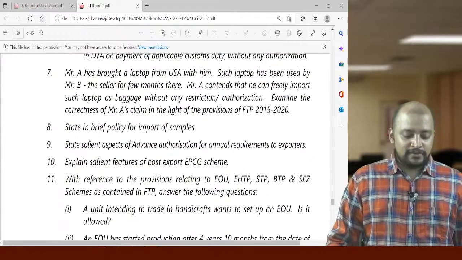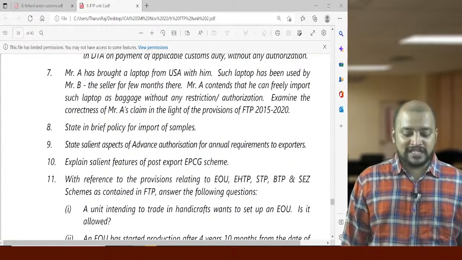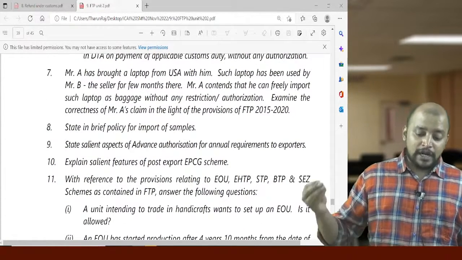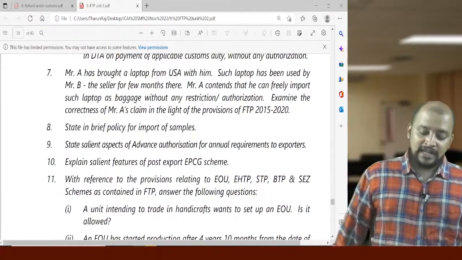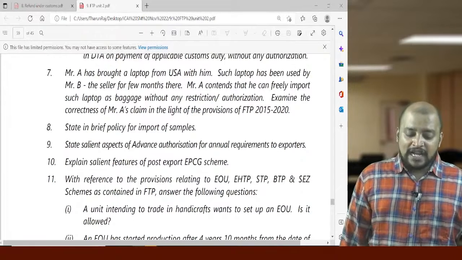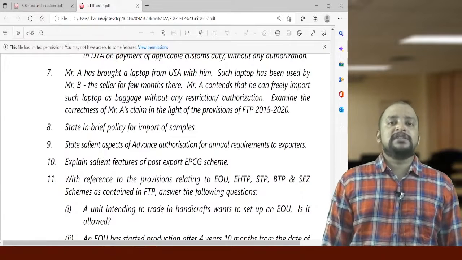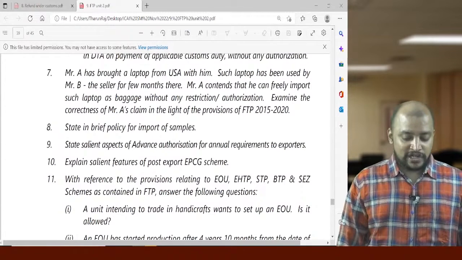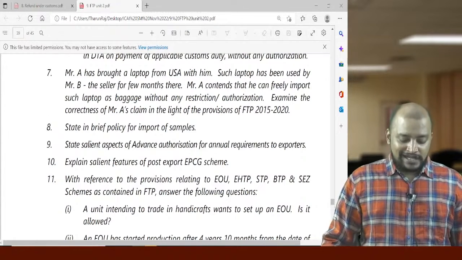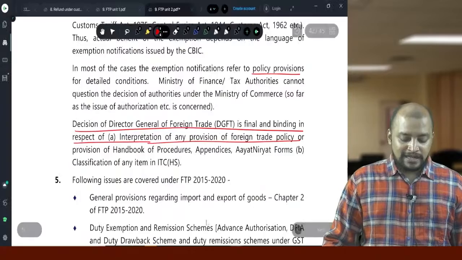Question number 7. Mr. A has brought a laptop from USA with him. Such laptop has been used by Mr. B, the seller, for a few months there. Mr. A contends that he can freely import such laptops. Second-hand laptops are notified goods that can be imported only against an authorization. So therefore, A's claim is not tenable in this case.